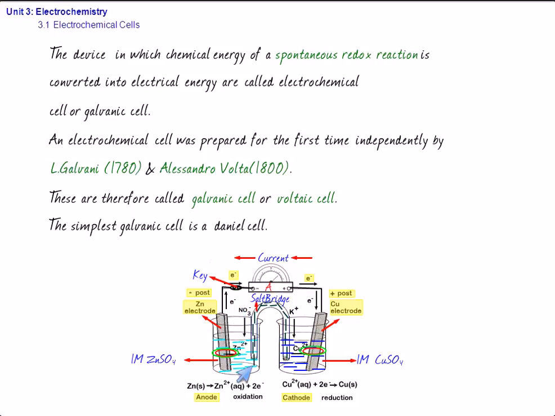It can contain KCl, K2SO4, NH4NO3, etc. in the semi-solid form, such as agar or gel form. The U tube which connects the two beakers is called the salt bridge. The two openings of the salt bridge are plugged with some porous material such as glass wool or cotton, so that these ions do not mix. So this is the construction of the galvanic cell.